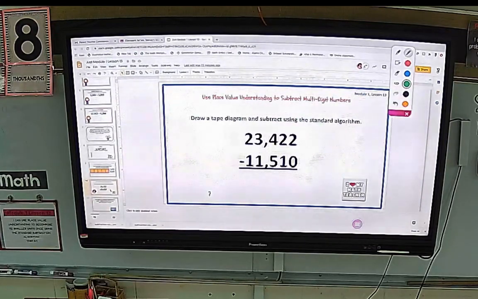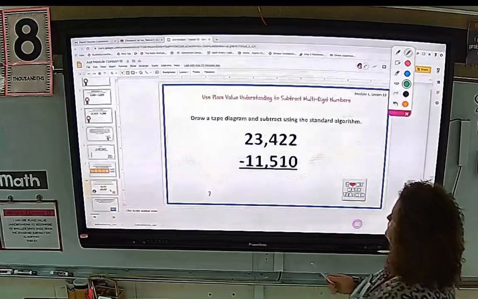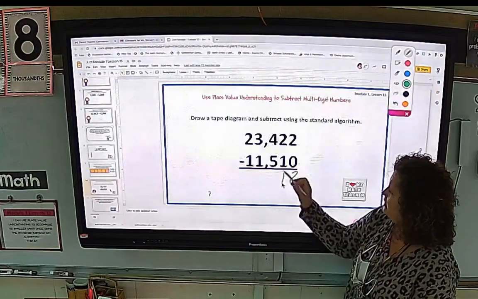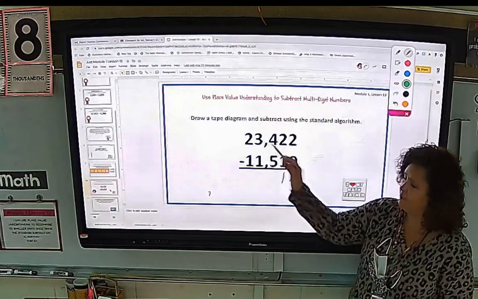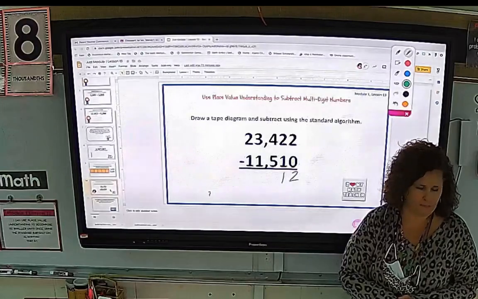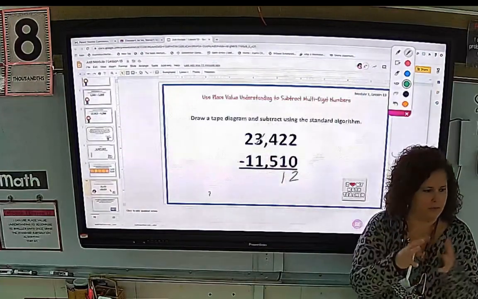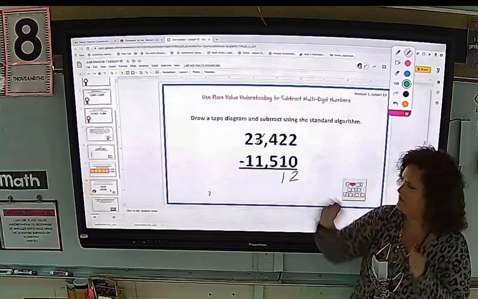Yesterday, I noticed some of us were borrowing, and we were making that place that we borrowed from have more. Okay? So we've got to be very careful. If I get to here, and I have to borrow from the 3, I'm going to cross it out, and it's going to become a smaller number because I'm taking some away from it.